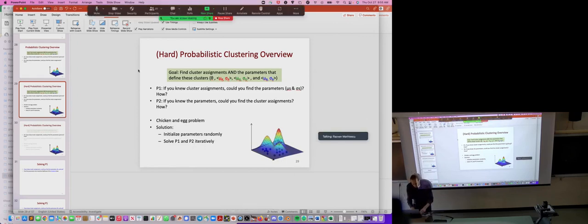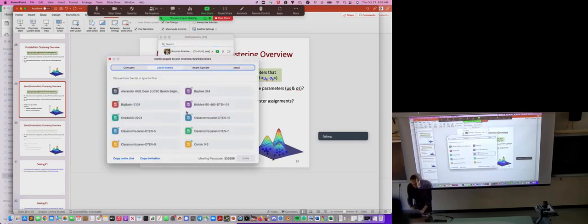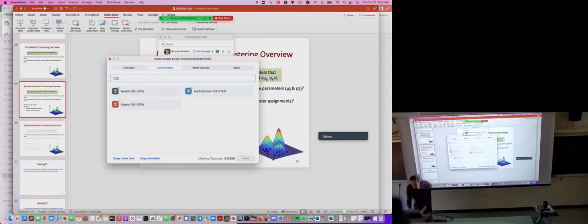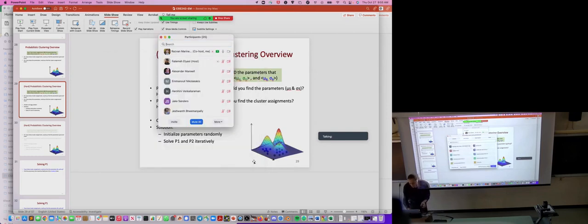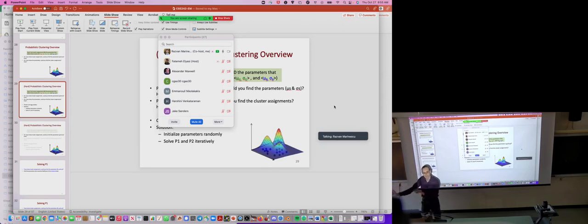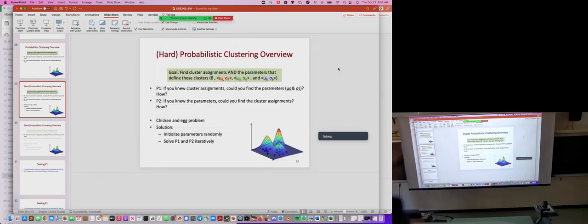Oh, 1 second. I have to. The screen helps me see what people on Zoom see, so I know things work. Yeah, okay.